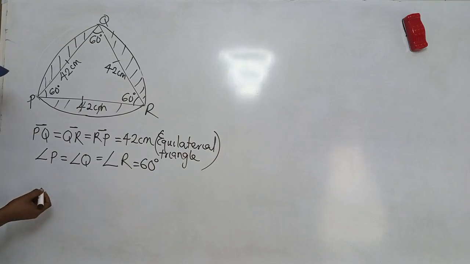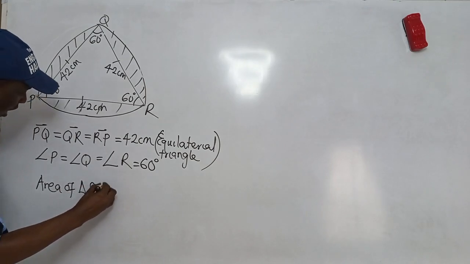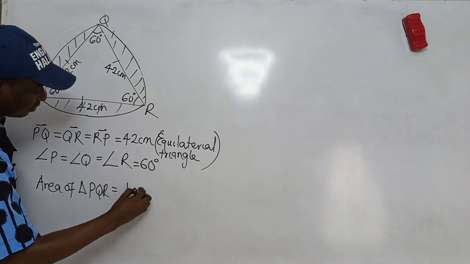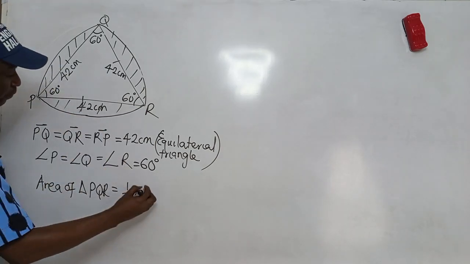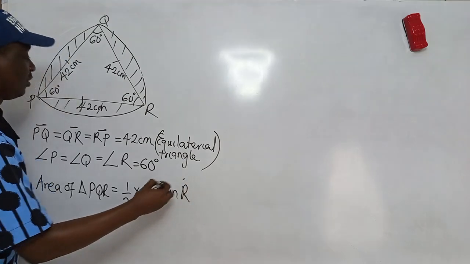So, the area of triangle PQR will be equal to half times p times q times sine R. Any of the angles you want to use.